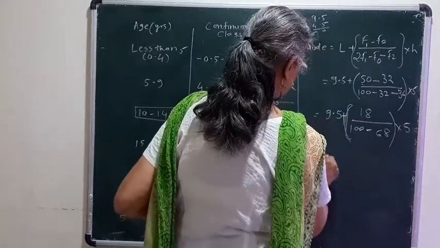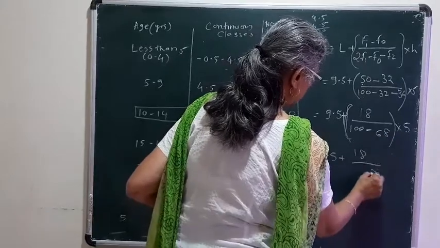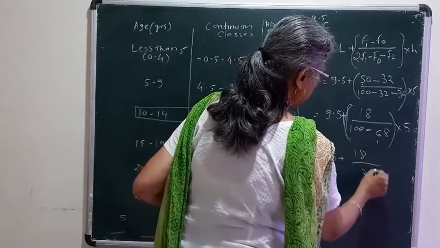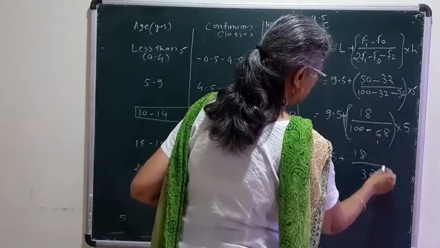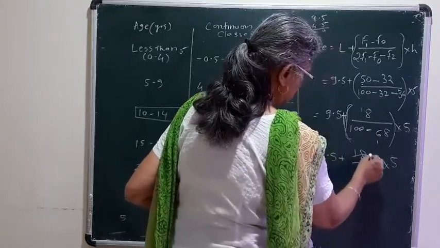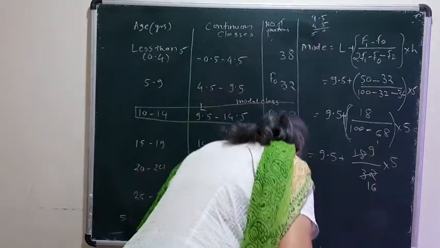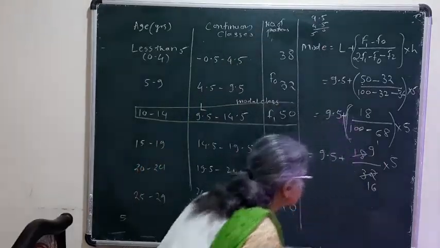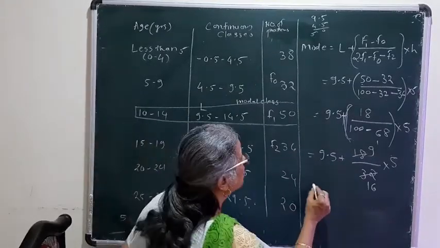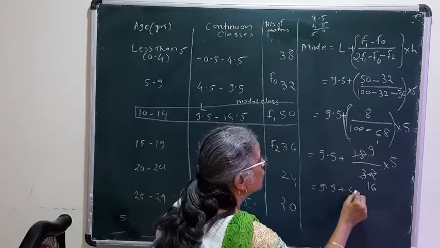So that will be 9.5 plus 18 upon 32, into 5. So we can reduce it. 2 9s are 18, 2 16s are 32. So 9.5 plus 45 upon 16.